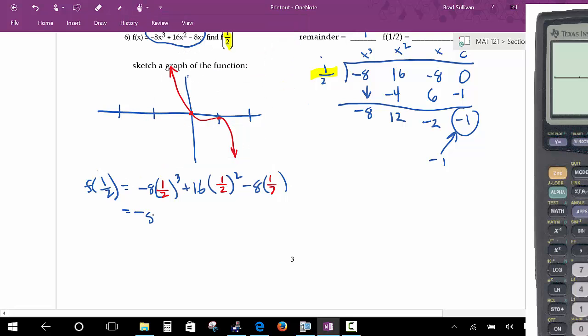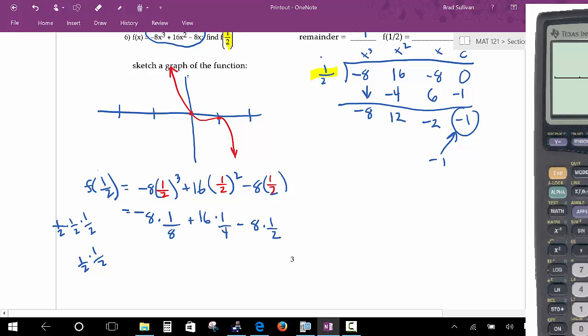All right, so if you do this, now if you're going to work out 1/2 to the 3rd power, you're going to multiply it out 3 times. So that's going to be times 1/8. And see, those 8s are going to cancel out, okay? If you're going to do 1/2 to the 2nd power, that's 1/2 times 1/2. So that's going to be 1/4. And then that's 1/2 there, so then you're going to have -8 times 1/2 like that.